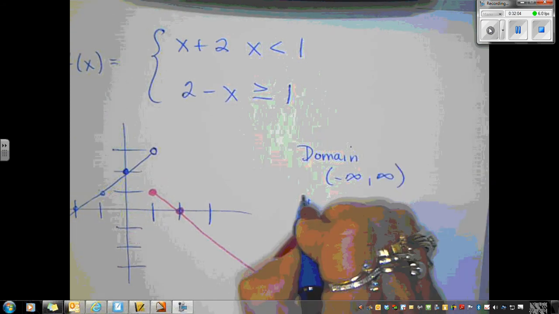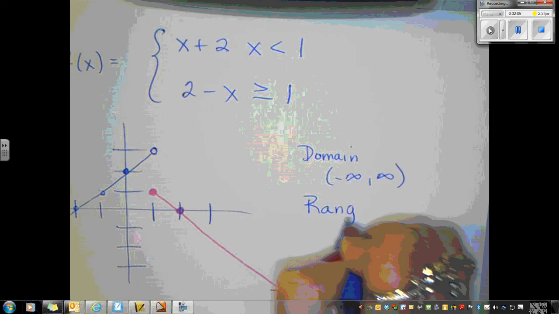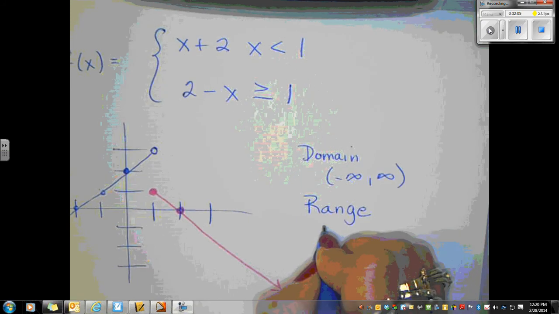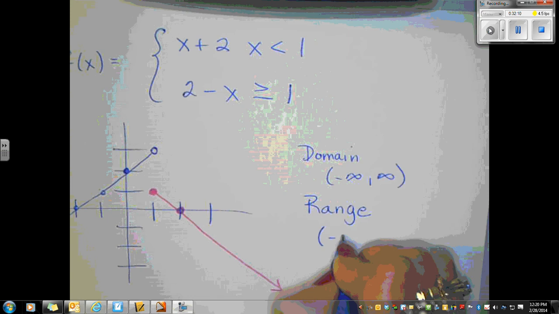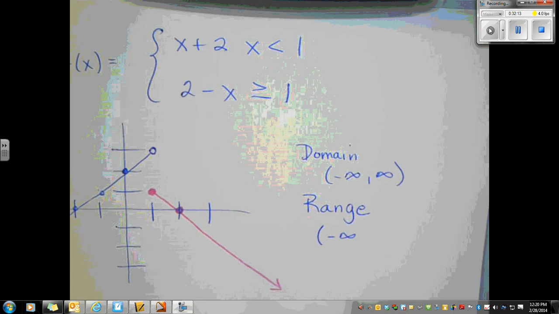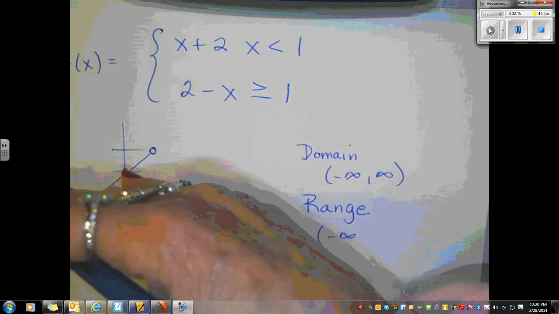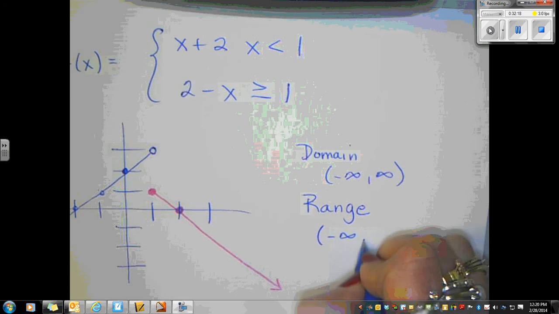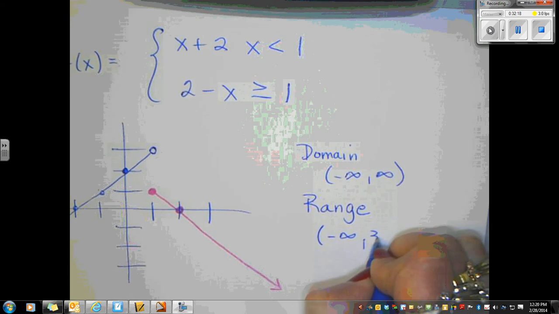Alright, somebody talk to me about range. Negative infinity, right? Going all the way up to where? Almost 3, right? So 3 would not be included.